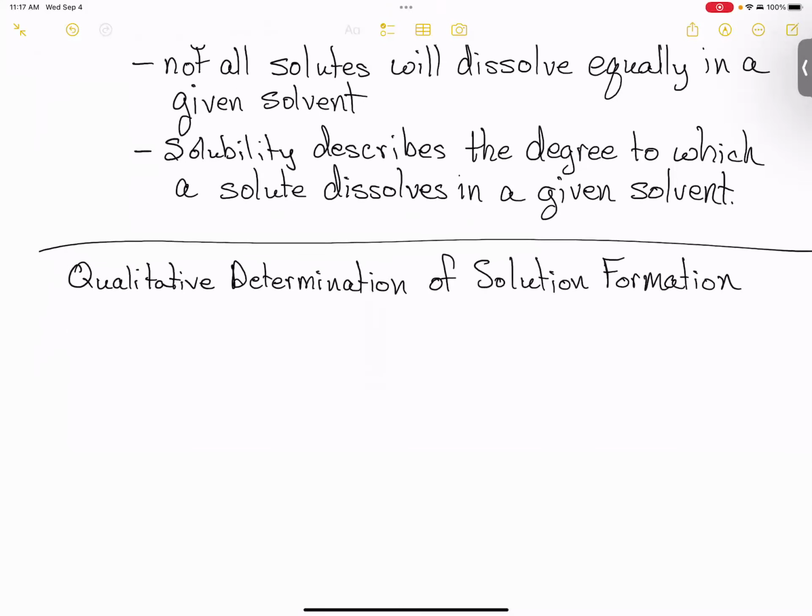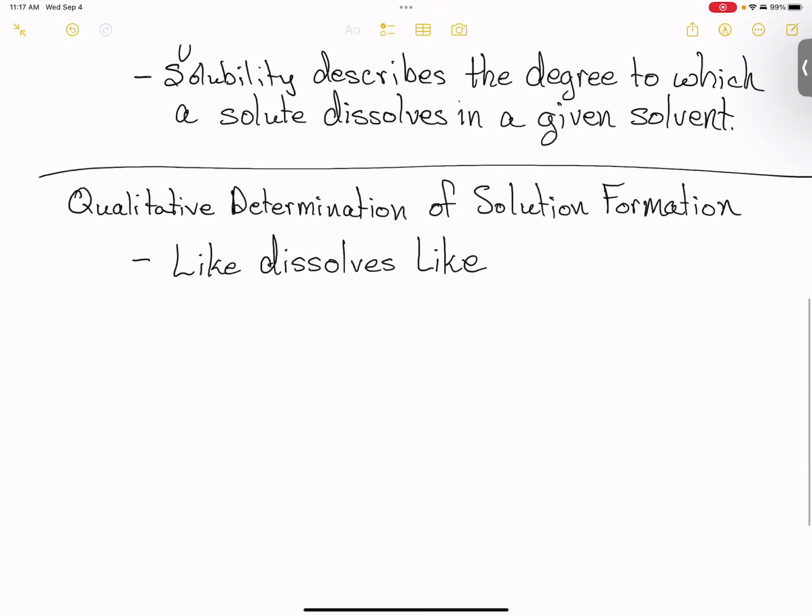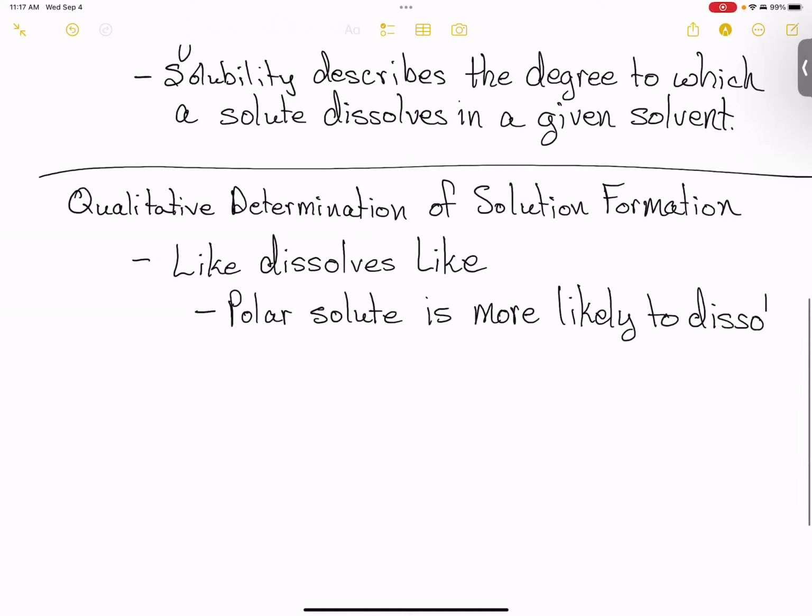Basically, when we get into the qualitative determination of solution formation, the key to remember is like dissolves like. What this means is a polar solute is more likely to dissolve in a polar solvent.